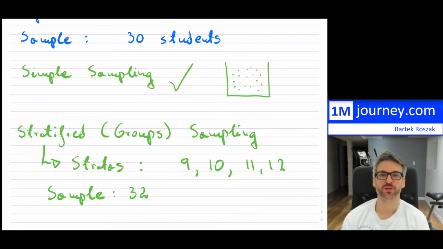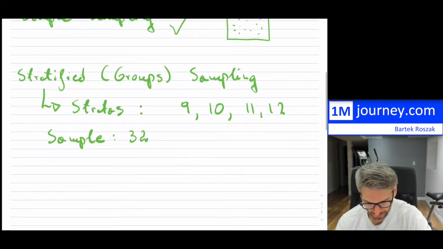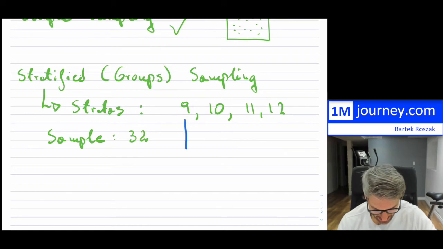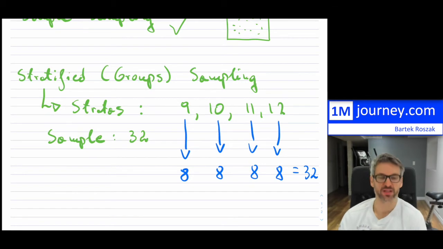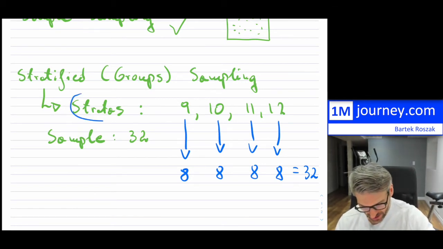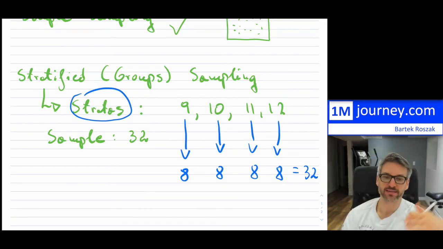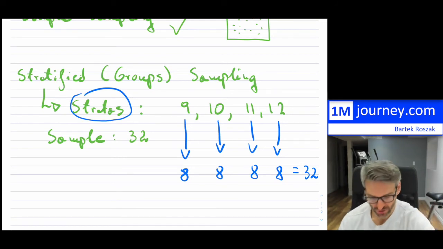So 32 divided by 4 is basically 8. So what I have to do now is, in my sampling, I'm going to take 8 students from here, 8 students from here, 8 students from here, and 8 students from here. Notice that will equal my sample size of 32. So if these are my stratas, I'm going to pick 8, 8, 8, 8 from each. Now, how do I pick these 8 students?